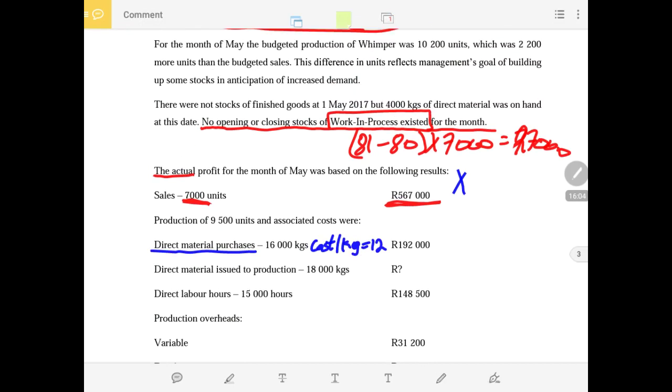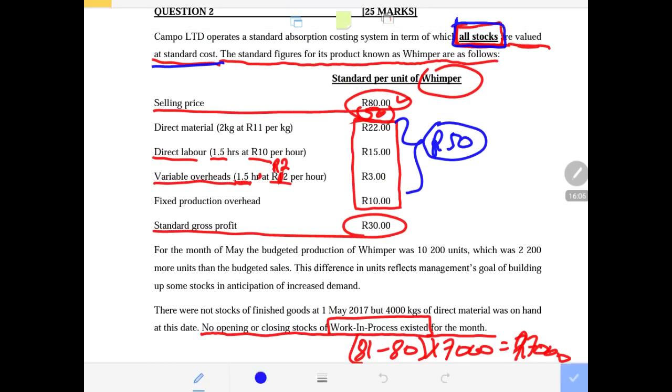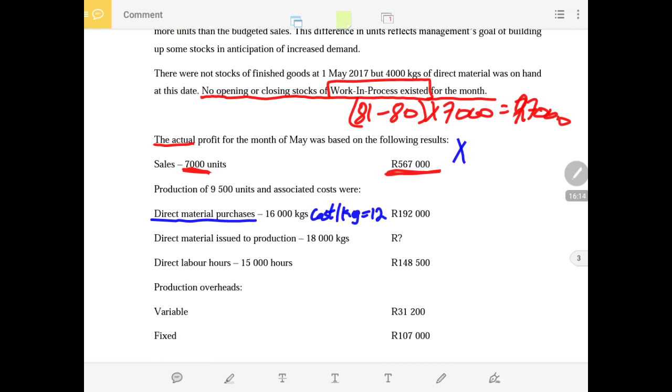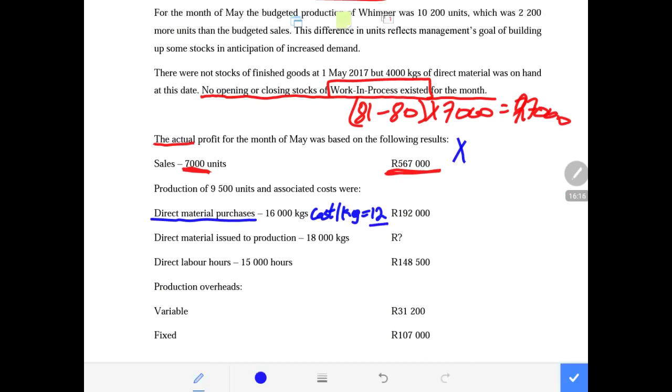Now, if we look at our standard material, it is 11 rand per kg. And our actual material is 12 rand per kg. In terms of the price of a material, we'll say standard price minus actual price, times the actual quantity purchased.